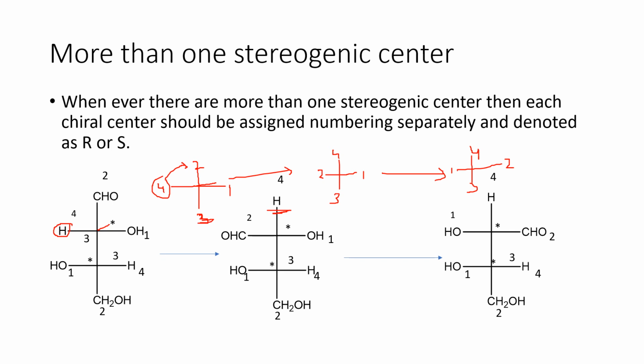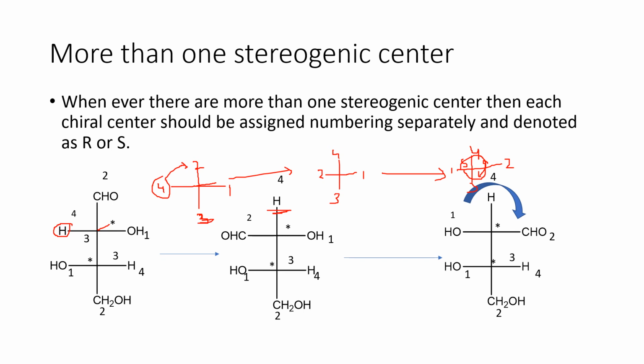Now give whether it is R or S. So it is an anti-clockwise direction, so it is S. Okay, so this is how it is rotating. Sorry, this is R, because this is written like this. So you are giving the R and S configuration like this.